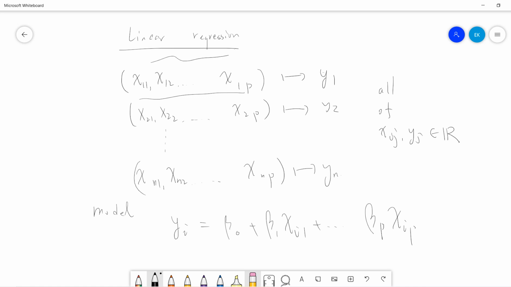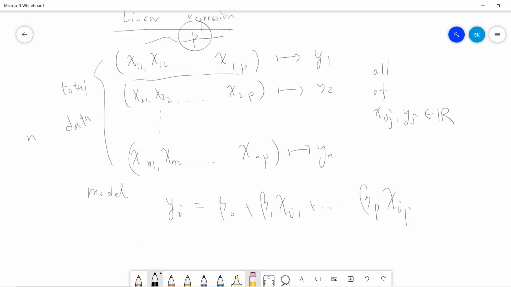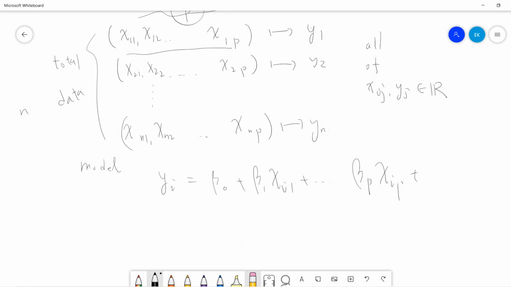So the number of independent variables is p, and there are a total of n data. Then there's an error term, let's say epsilon i. Our goal is to find beta 0, beta 1 up to beta p.